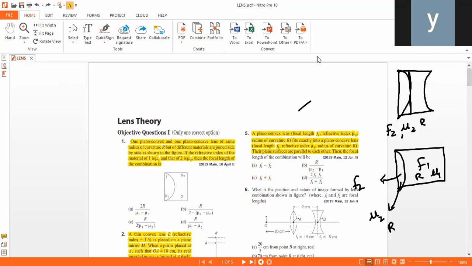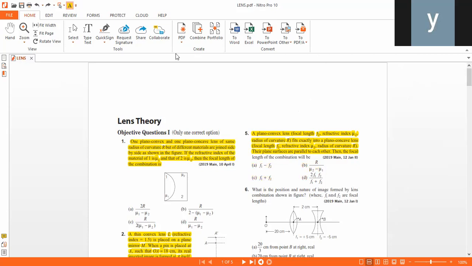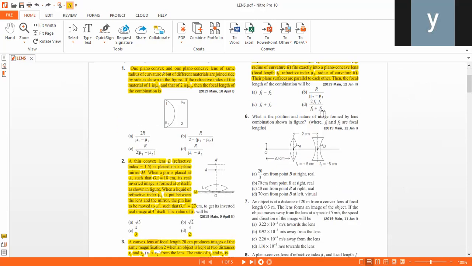Next one, sixth question. What is the position and nature of the image formed by the lens combination shown in the diagram, where f1 and f2 are the focal lengths? First we are having the convex lens and then the concave lens, and they gave the object distance and the focal lengths of the lenses.